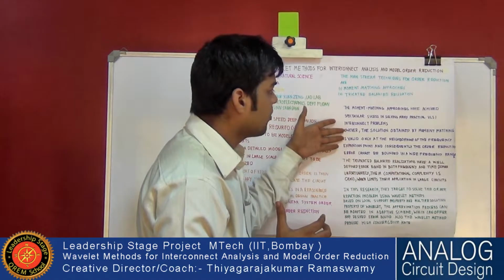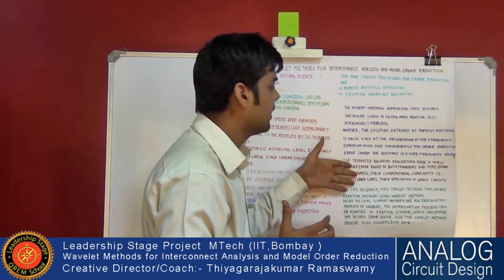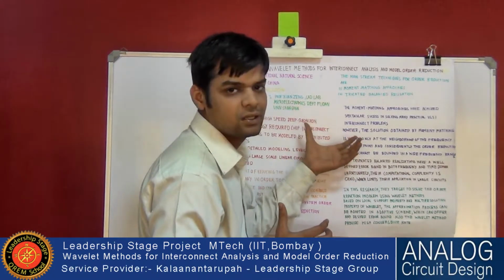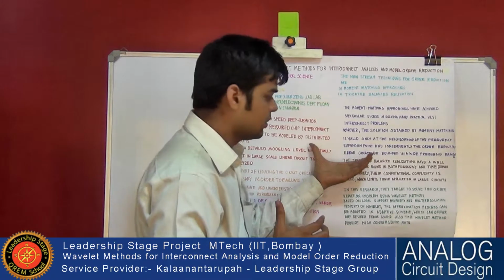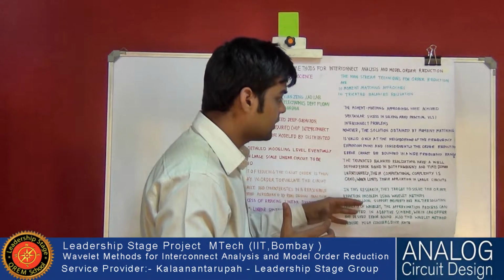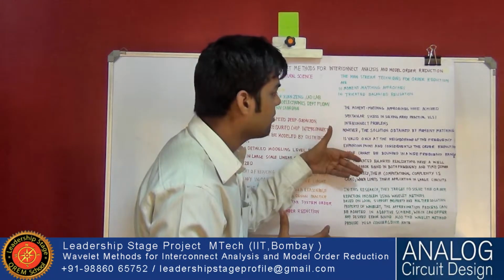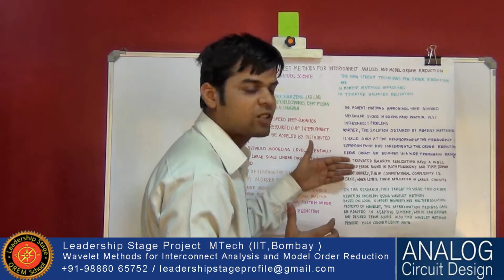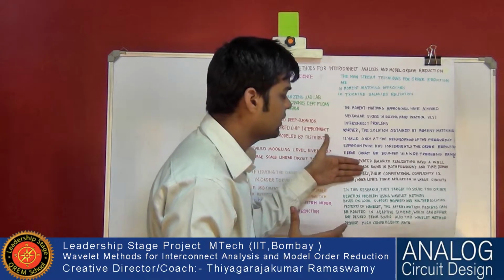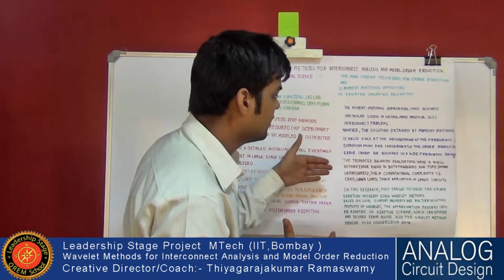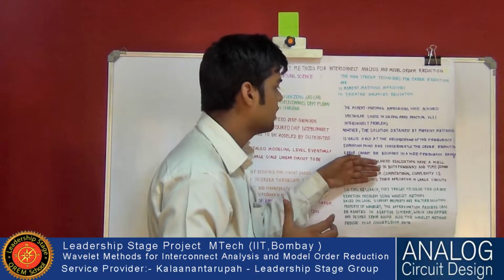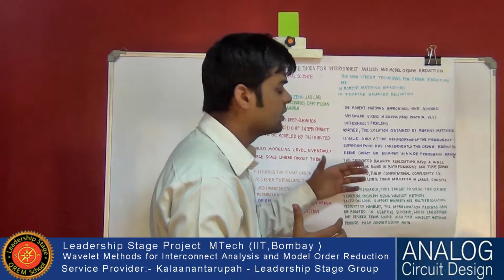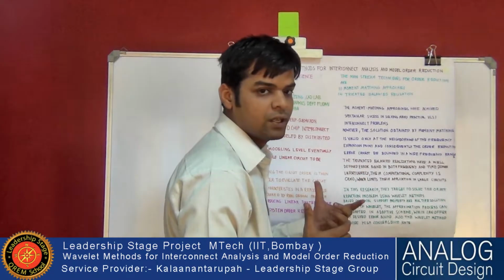The complexity of moment matching is less as compared to truncation balance, but it can't be represented properly in the frequency domain. So the wavelet method is solving both, giving the advantage of both. It has a very high convergence rate, so it can limit the disadvantage of truncation balance, and it can represent in both time domain and frequency domain.